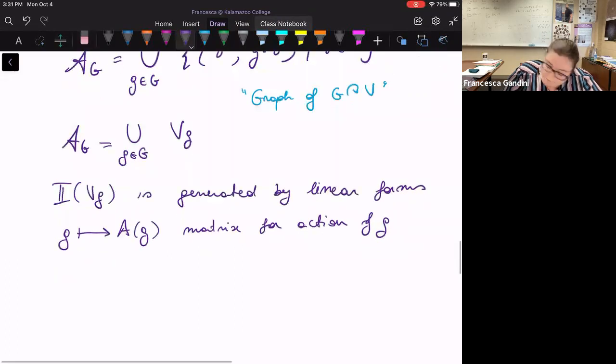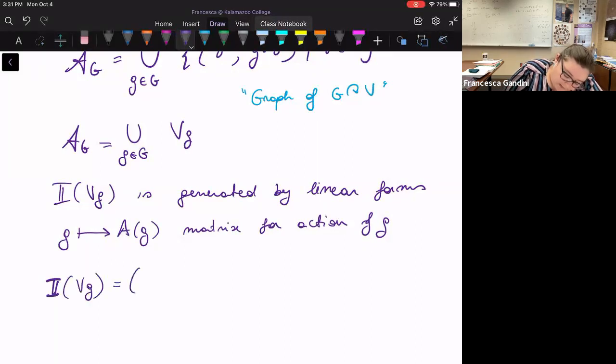And so you're going to have that this vanishing ideal will be given by all these forms of the type yi minus ag times x. So by ag times x, I mean, we're multiplying the matrix ag.